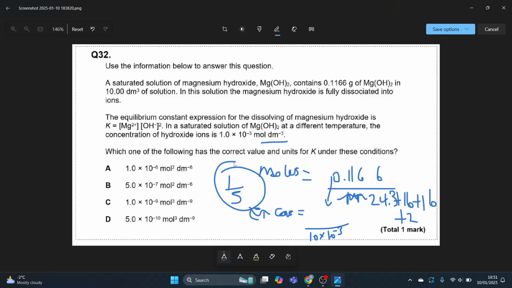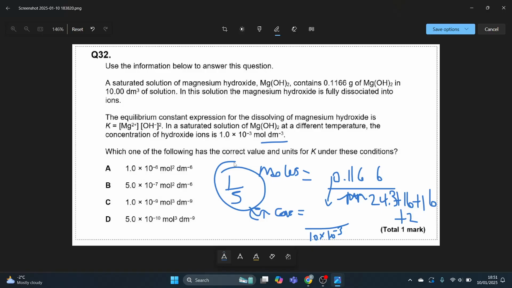And then I've got 0.199 as a concentration, and I have to find out K, but I don't understand where we get the concentration of Mg2+ ions, because it gives me the concentration of hydroxide ions.